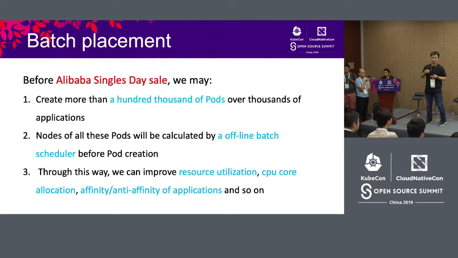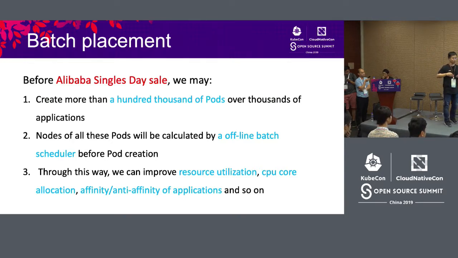On November the 11th, the traffic is n times the daily average, even over 100 times. So we need far more resources than what we need on a daily basis. So before November the 11th, the first thing is to establish the stations, by scalable resources.